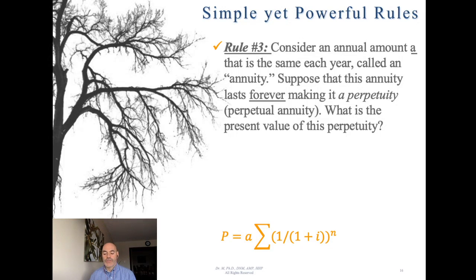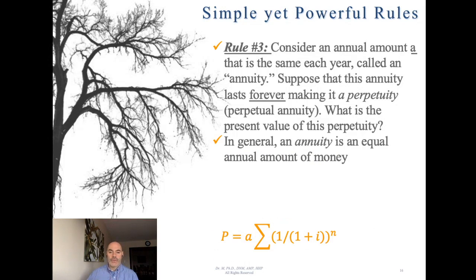Let's suppose this annuity lasts forever, making it a perpetuity. Basically, it's called a perpetual annuity, a payment of the same amount that lasts forever. What is the present value of this contract?